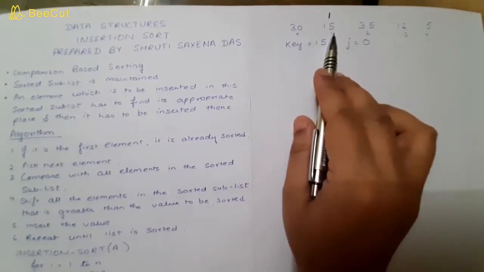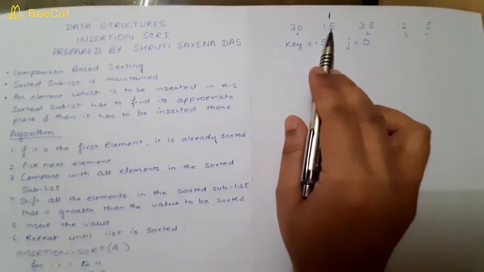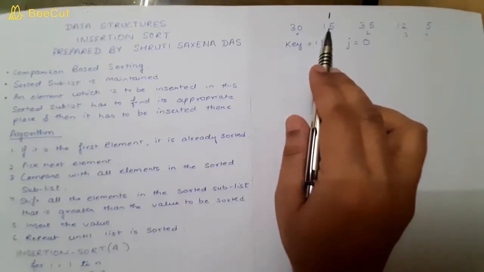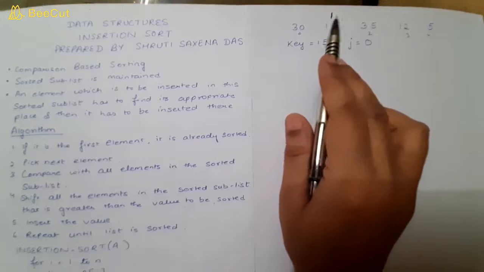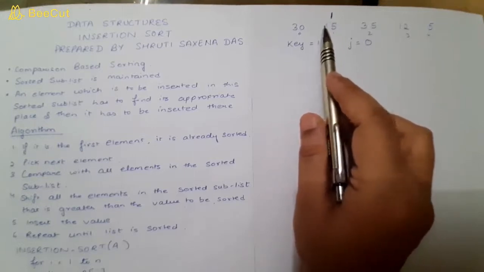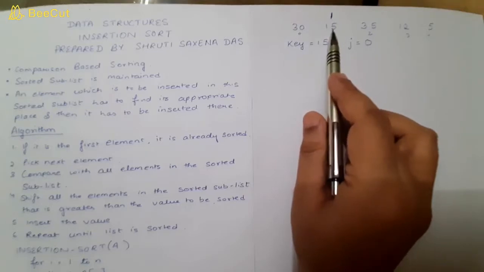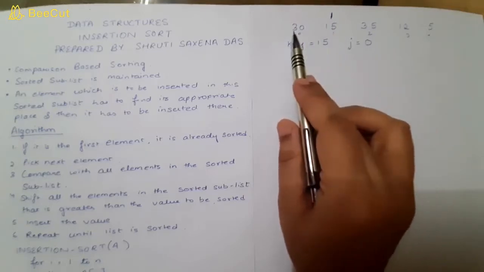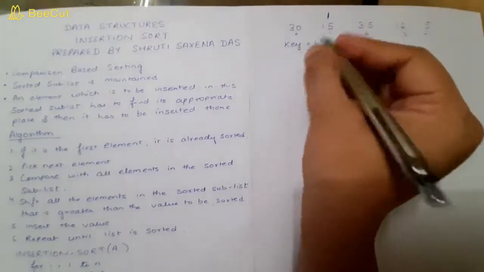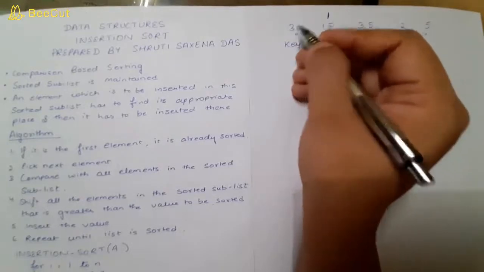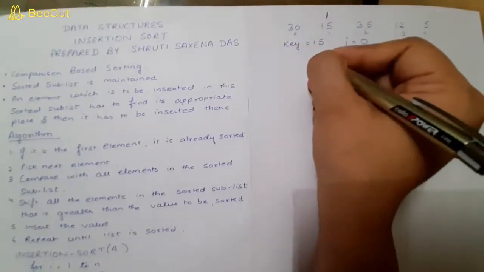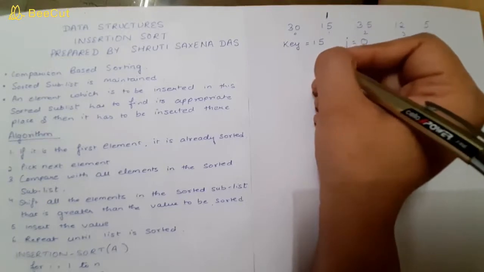In insertion sort, you have to insert an element at its correct place. If the element which is coming after the first element is smaller, then you need to place it at the first place. You need to compare a[j] and key.